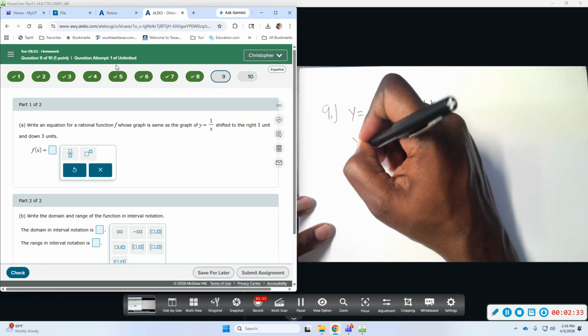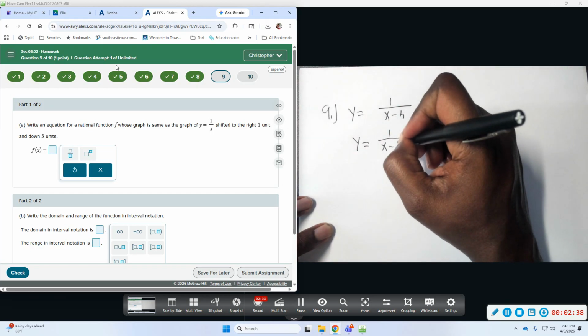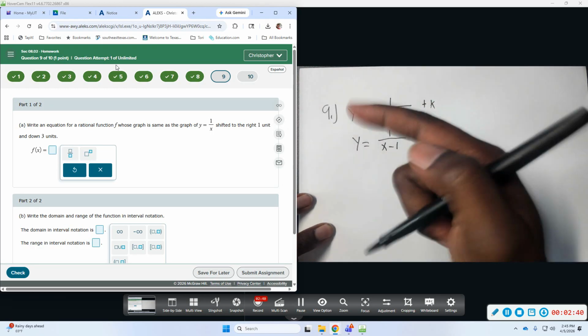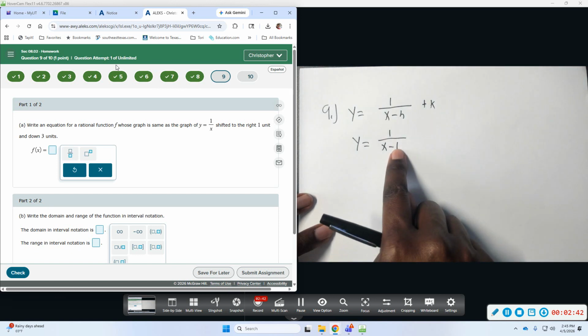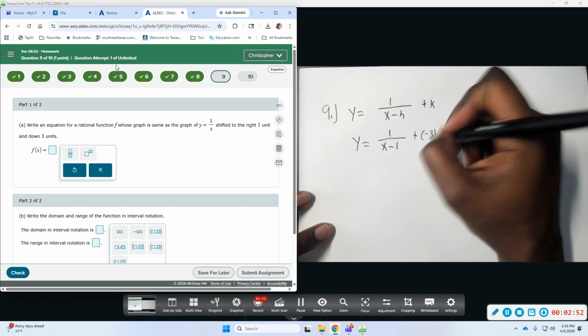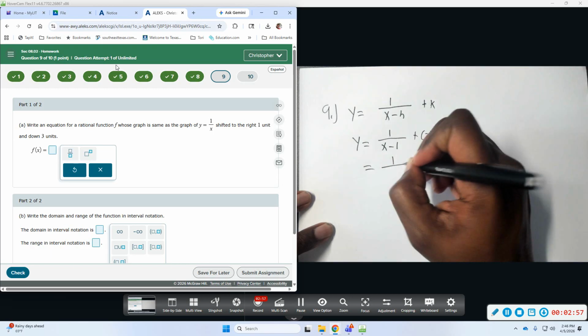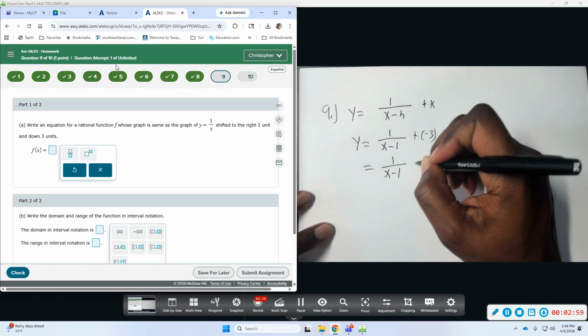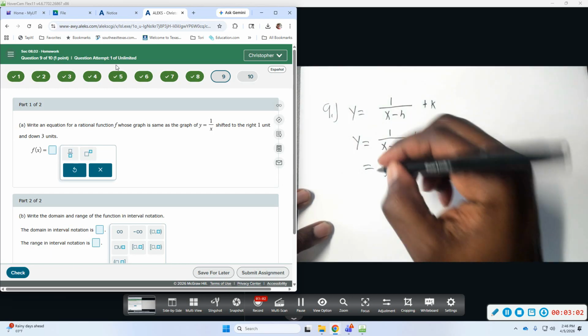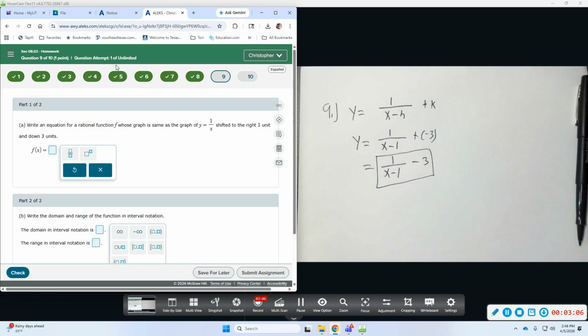So I'm going to have y equals 1 over x minus 1. So what you're seeing is a minus 1. It told us it shifted right 1, but what we're seeing is the opposite of that when you plug in a 1. And then it says shifted down 3 units. So instead of the plus k, you can say plus a negative 3 because we're going down 3. Another way of thinking about that is just 1 over x minus 1 and then minus 3. So this is the function that we want to use when applying transformations.